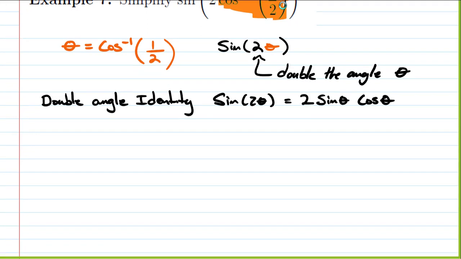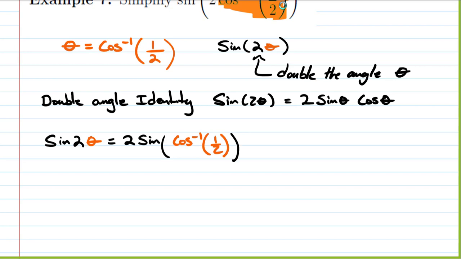So then we would get that the sine of 2 theta is equal to 2 times the sine of the cosine inverse of 1/2 times the cosine of the cosine inverse of 1/2.